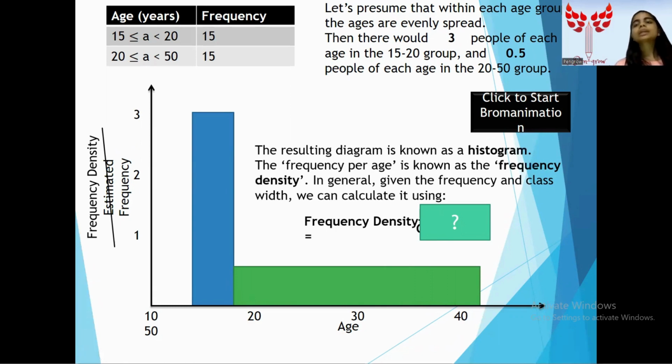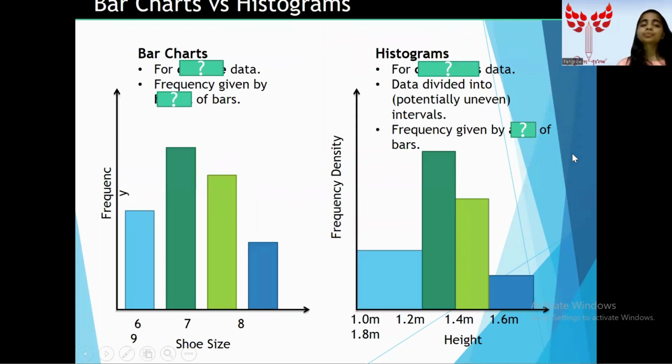That is what I was trying to explain: instead of frequency, you take frequency density, and the formula for frequency density is frequency divided by class width. Okay. So a bar chart is used for discrete data, a histogram for continuous data, and in bar charts frequency is given by the height of bars.